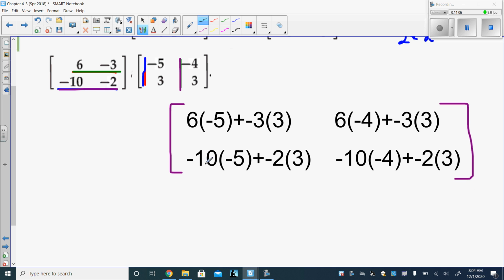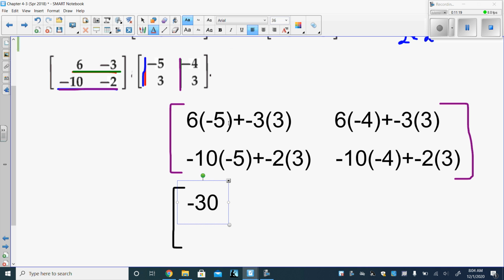Now what we have to do next is we need to simplify this. We can't just leave it in this form. We have to do some multiplication and simplification. Well, the first thing we can do is 6 times negative 5, which would be negative 30. And negative 3 times 3 would be minus 9.